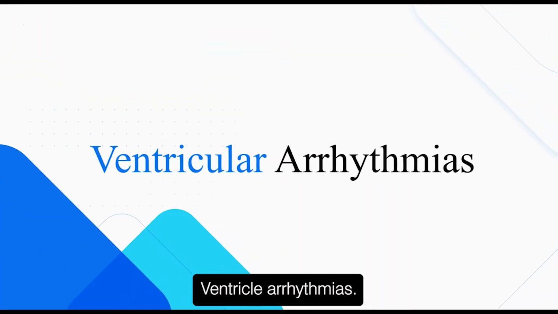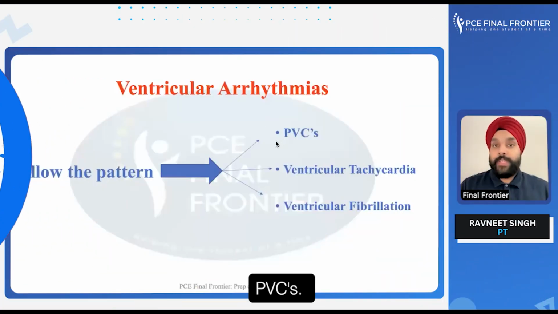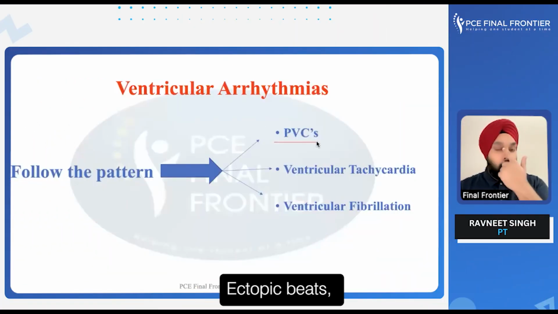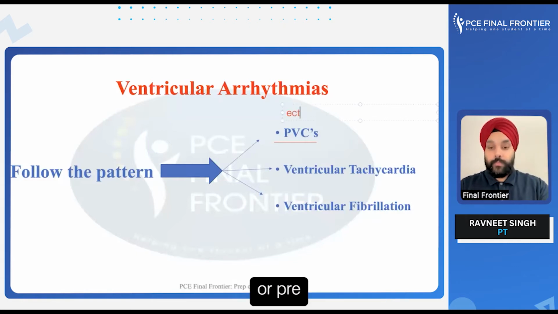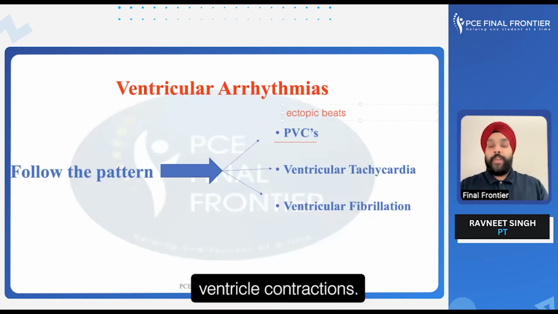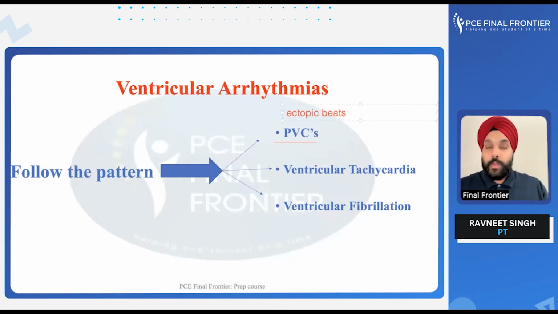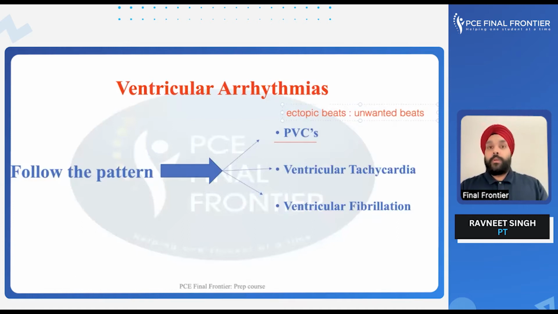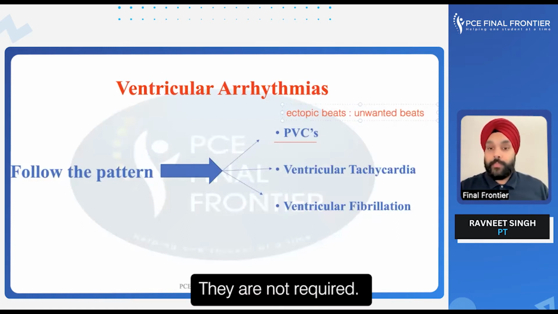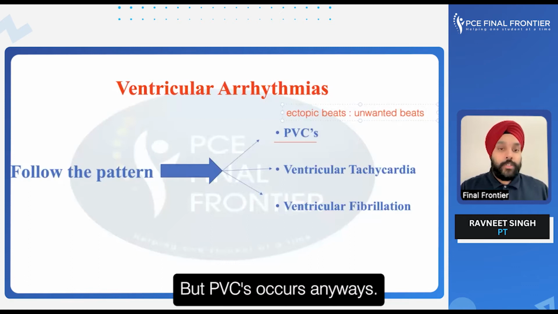Ventricle arrhythmias, PVCs, ectopic beats. You call them ectopic beats or premature ventricular contractions. These are unwanted beats. They are not required, but PVCs occur anyway.